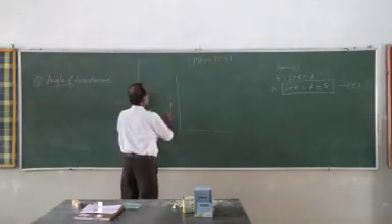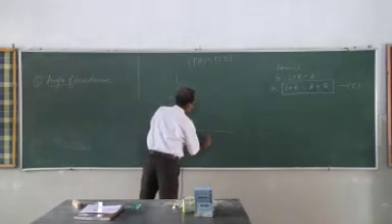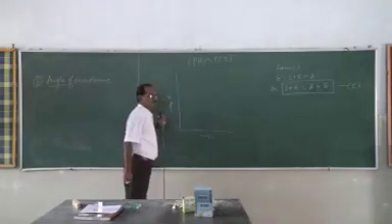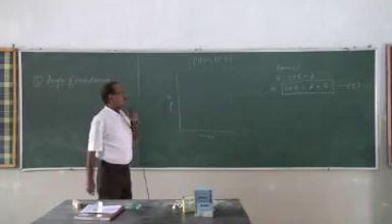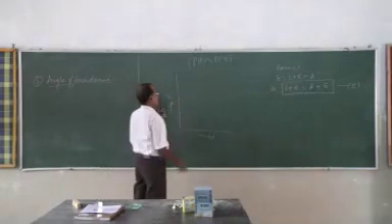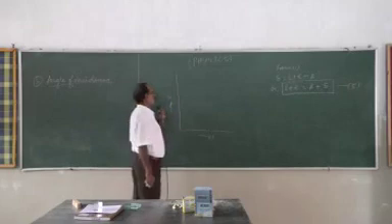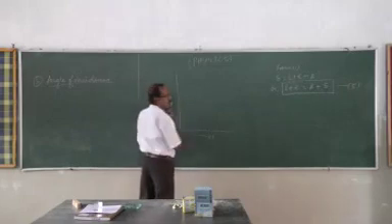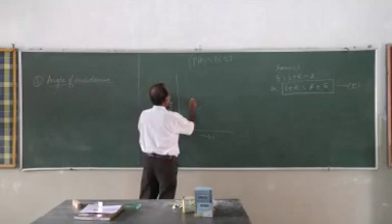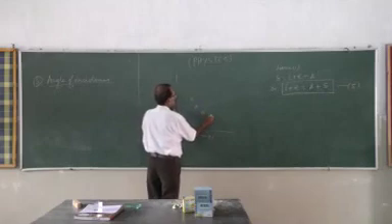If we plot a graph, this is the angle of deviation, and this side is the angle of incidence. Corresponding points we are drawing, incidence angle and deviation angle. So this way we will plot the different points for different angles of incidence. The points will come in this way.